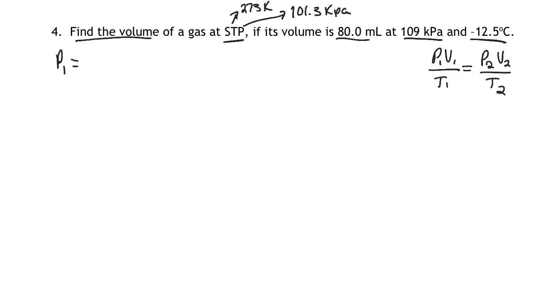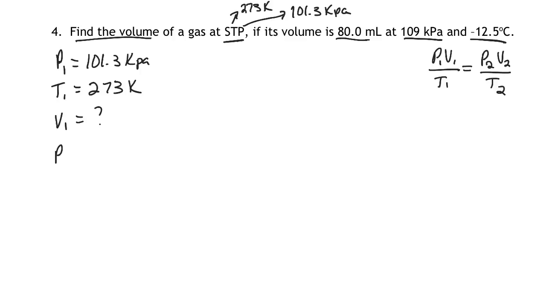P1, so pressure 1, I'm going to put these three factors together. So that's going to be 101.3 kilopascals. My temperature 1 is going to be 273 degrees Kelvin. My volume that's going with these is going to be my unknown.